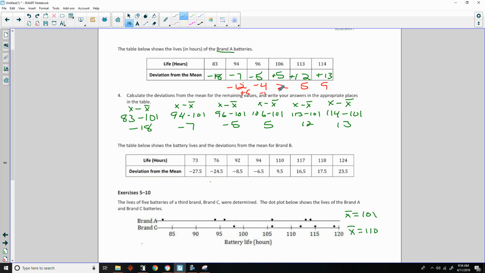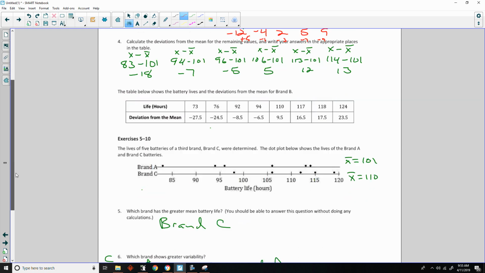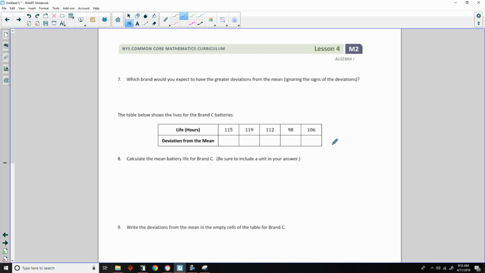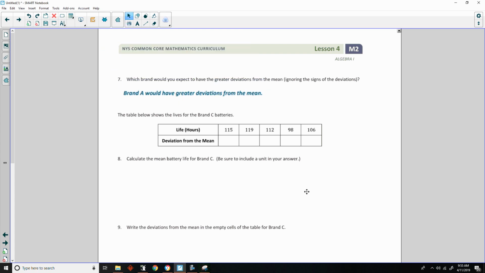This was -3, and this was 7 less, and this was 4 less. Okay, so you can see by these values that the deviation from the mean was greater for brand A. So brand A would have a greater deviation from the mean.